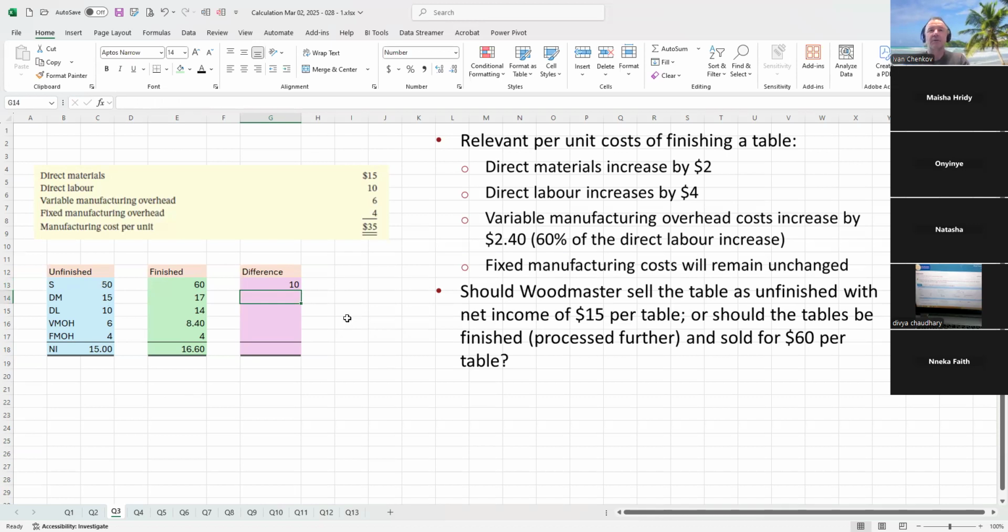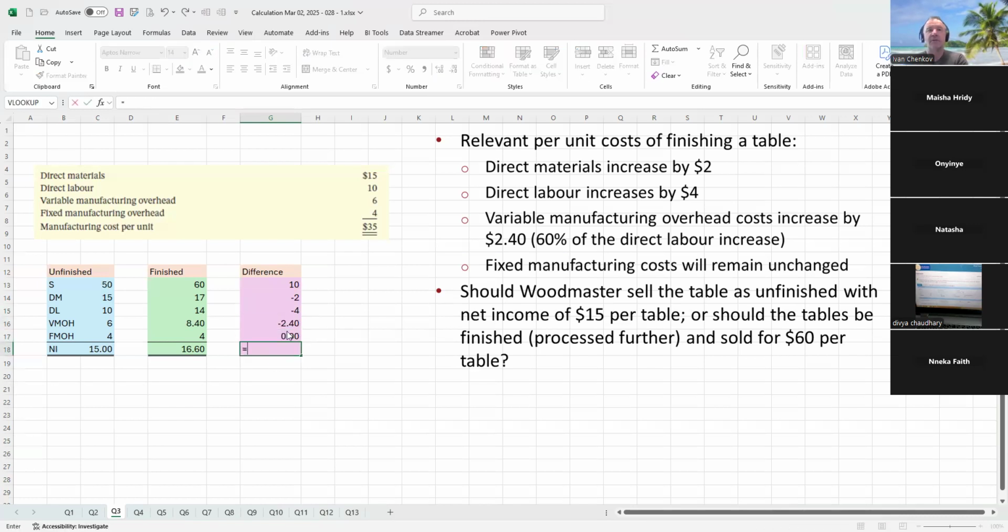How about on the cost? It's going to cost us $2 additional on the direct material, $4 additional on direct labor, and $2.40 on the variable overhead, no changes in the fixed overhead, right?